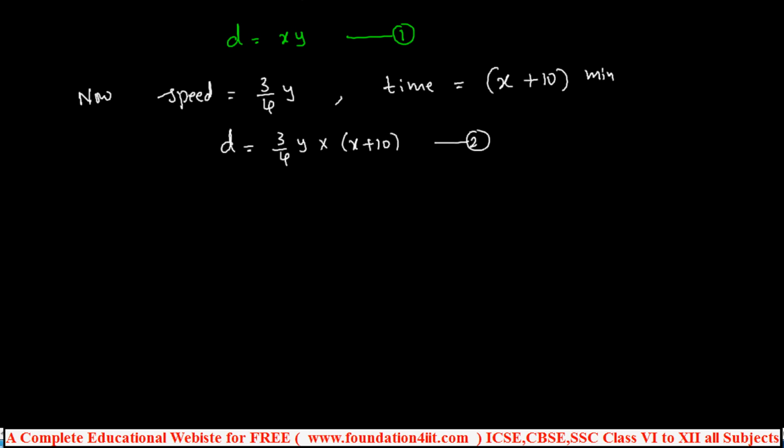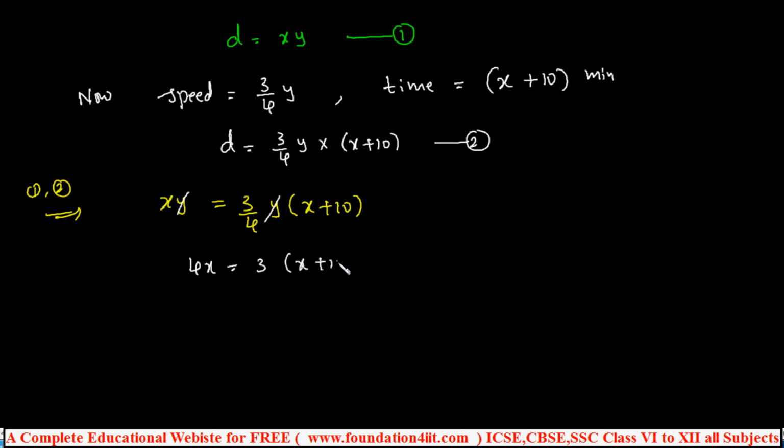LHS is same, so then RHS. So x into y from equation 1 and 2. X into y is equal to 3 by 4y into x plus 10. So here this y gets cancelled because of multiplication. 4 take this side, 4x equals 3 into x plus 10.